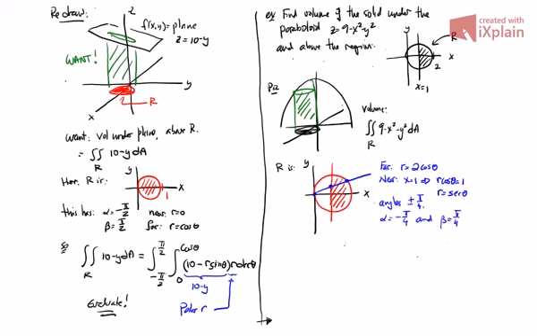You can find these either by setting 2 cosine theta equal to secant theta, or in this case, this isn't so bad to see because these are in nice positions. This angle is 45 degrees down. This angle is 45 degrees up.